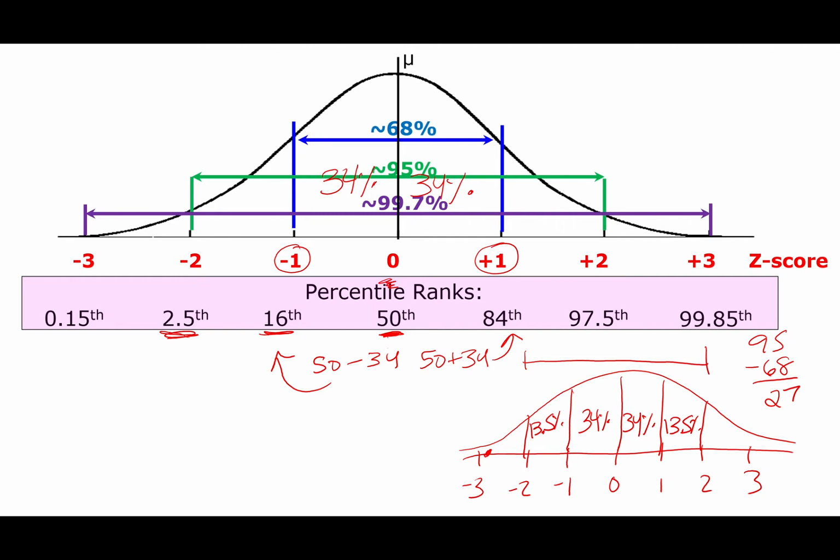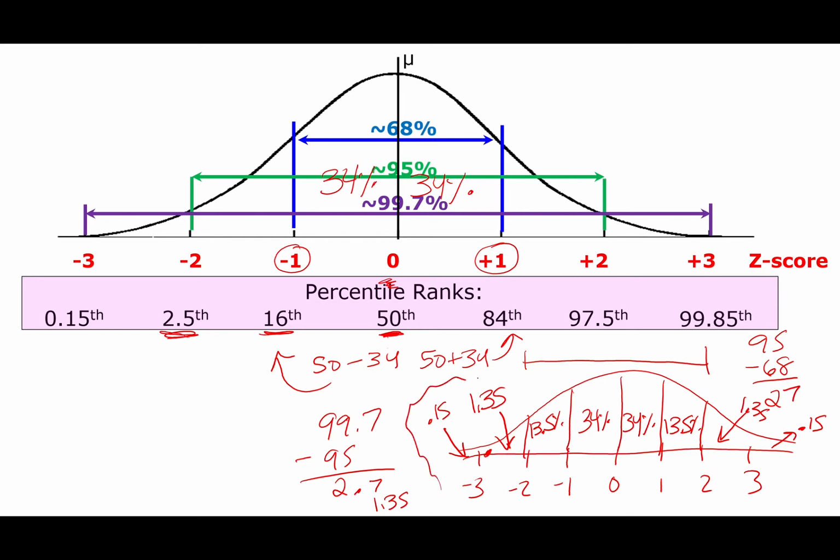So memorizing these, so 99.7 minus 95, so 1.35 is here. And then the little 0.15 that we just found. Learning these values I have down here in the bottom right is going to be super, super helpful. That looks so messy, and I'm sorry about that.